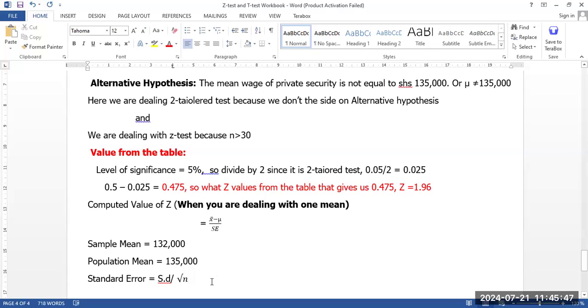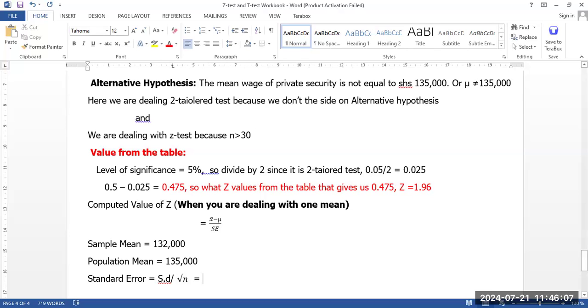Then what is our standard error? Do we have the standard deviation directly in the question? If you are not given a standard deviation and you're given variance, you take the square root of variance. So what is the standard deviation? Is it given directly?